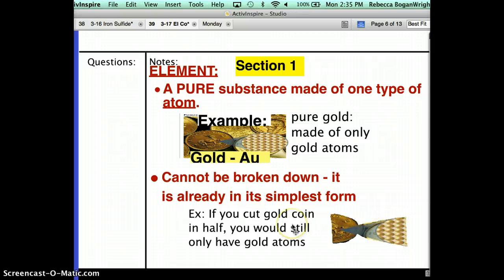If you took out a section of nickel, you would only have nickel atoms. If you took out a section of silver, you would only have silver atoms. An element cannot be broken down any more simple because it's already in its most simple form. Take a moment and write a question from this section on elements.